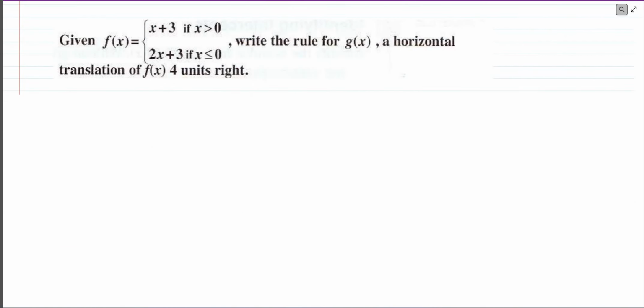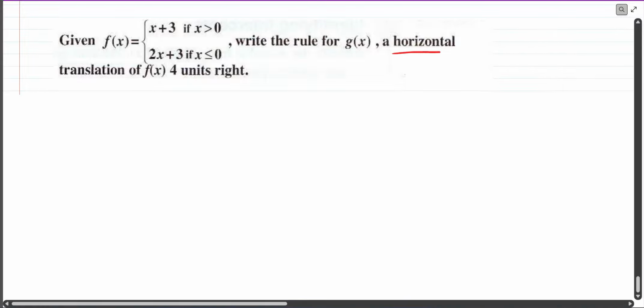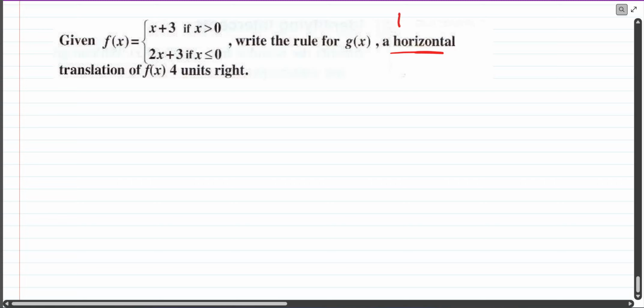Dear students, let's take this example. This example says: given that f of x equals x plus 3 when x is greater than 0, and 2x plus 3 when x is less than or equal to 0, write the rule for g, a horizontal translation. So look here, it says horizontal translation. Horizontal we say either left or right. True?